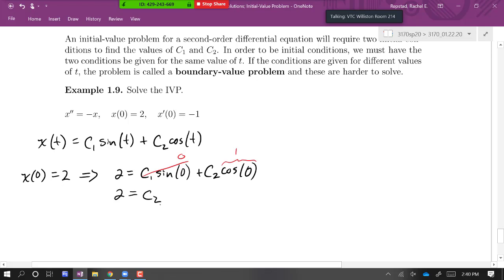So plugging in that first bit of information, that x of 0 is 2, is pretty simple. How do we use the other one? How do I plug in x prime of 0 is equal to negative 1? Do you take the derivative of x? Yeah, I think I heard a couple people say this. We're going to just find x prime of t, and then we can plug in a value for t.